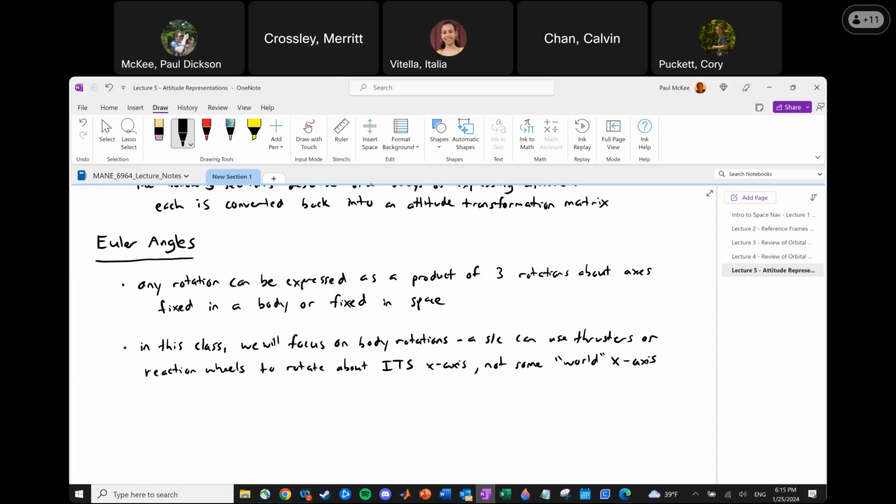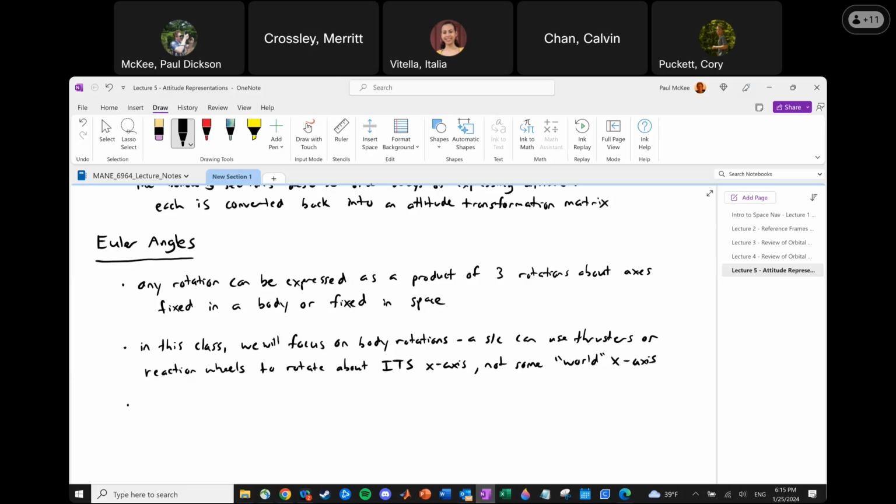So if you're into video game design and you have a cube, you can play God and you can just reach out and rotate it any which way you want. But a spacecraft only has control authority along certain principal directions, right? So that's why we're going to be talking about body direction.